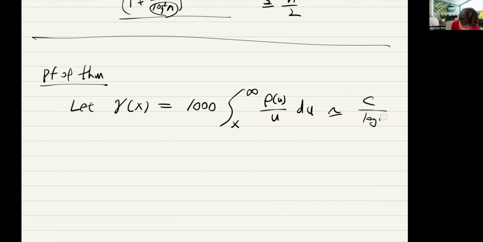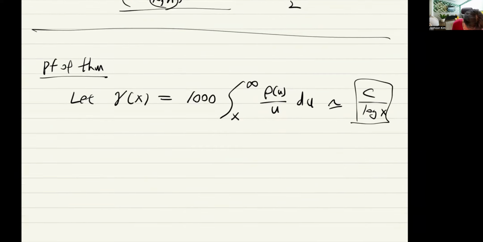Technically, you can say like x. So technically, that's what you know. So keep that in mind. And what we know is that this gamma of x, this function becomes 0 at u equals k0 over 5, right?